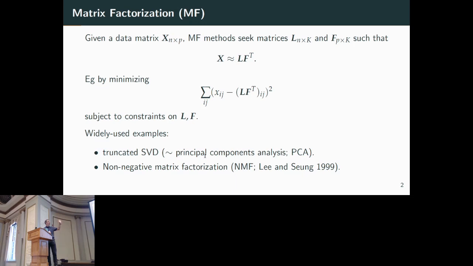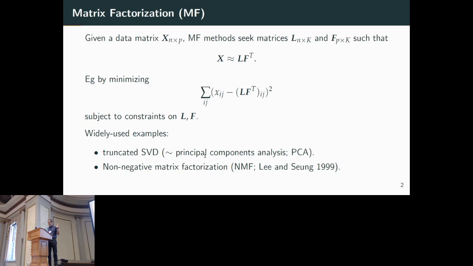And just to give some examples of methods that fit into this framework that you might have heard of, principal components analysis, or more precisely, truncated singular value decomposition, is one method of solving this problem with a certain set of constraints on L and F. And non-negative matrix factorization is another way of solving this problem, specifically with L and F being non-negative. Okay, we'll talk a bit more about why you might want to make those assumptions later.